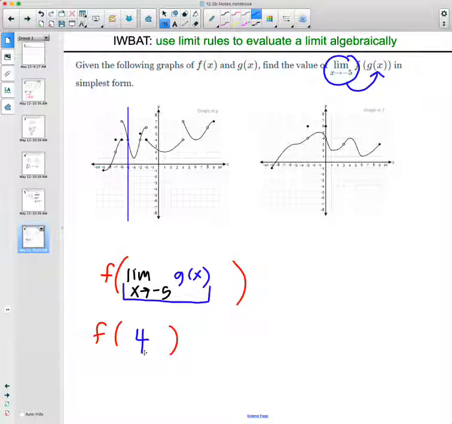So now we're actually going to just plug this into the f function. So we're going to go over to the f function, look at 4, plug it in, and what do we get back? 4. So that whole thing right there, the limit as x approaches -5 of f of g of x is equal to 4.